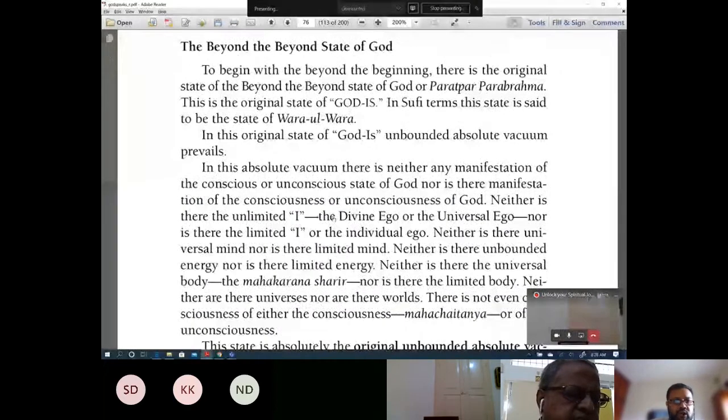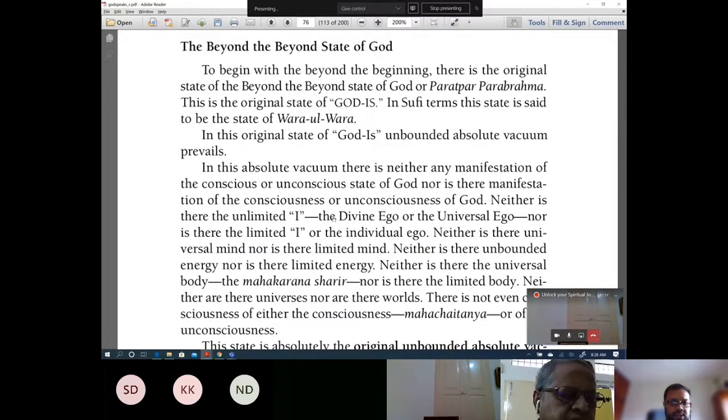The beyond state of God. To begin with, beyond the beginning, there is the original state of the beyond state of God, or Paratpar Parabrahma. This is the original state of God is. In Sufi terms, this state is said to be the state of Vara-ul-Vara.